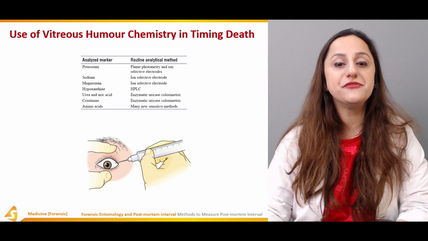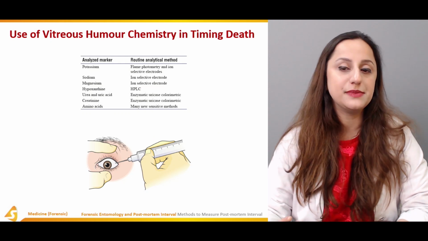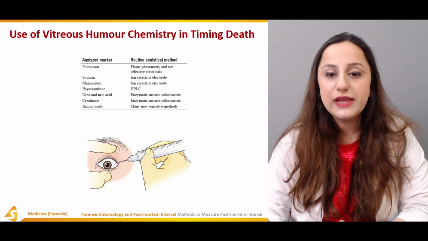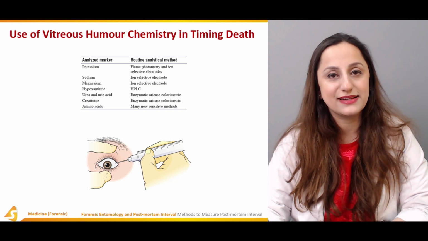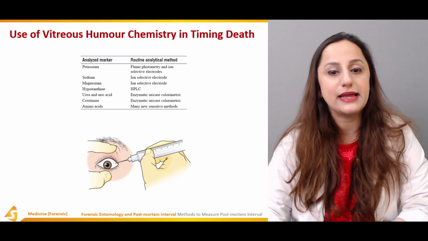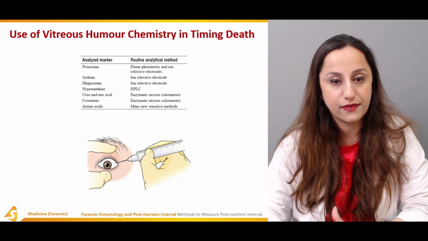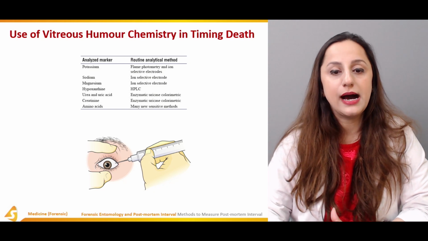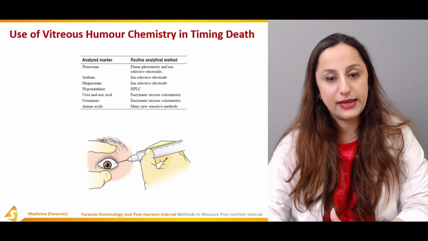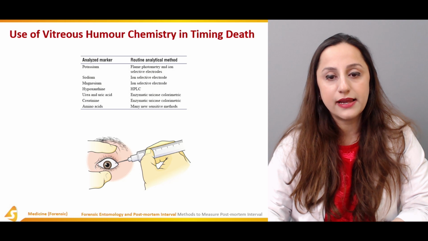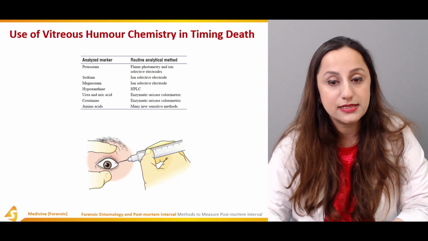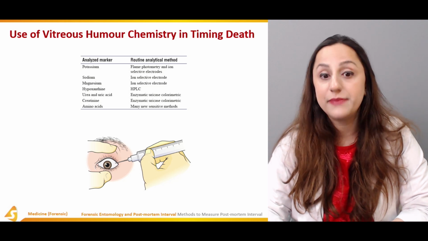Now, use of the vitreous humor chemistry in estimating the time since death. The potassium is the mainstay. The flame photometry and the ion selective electrodes. The sodium is an ion selective electrode, another ion selective electrode. Magnesium and hypoxanthine, another ion selective electrode. Then we have the urea and the uric acid, an enzymatic uricase colorimetric method.